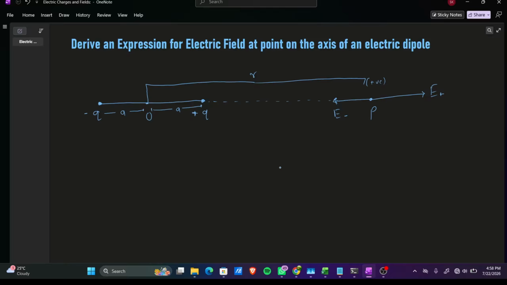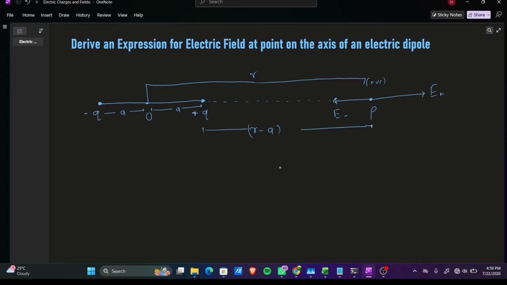From this positive charge to this point P, how much will be the distance? From the midpoint to this point, the distance is r, but from this positive q to P, the distance will be r minus a. Why r minus a? Because the whole distance is r from the midpoint, and this much distance is a.